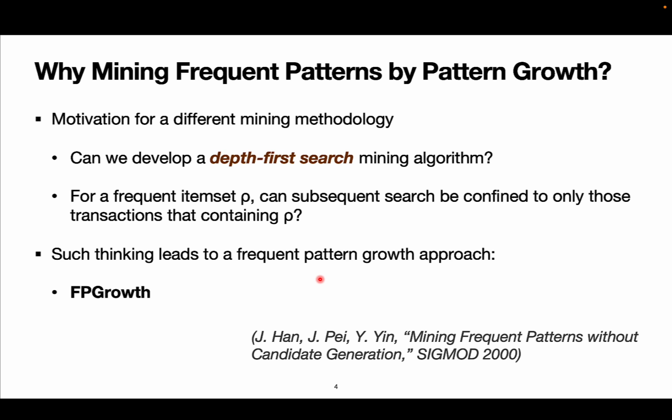So after spending a few years working on Apriori and improving Apriori, researchers started to think in the direction of depth-first search. In other words, instead of starting with a large pool of candidates then prune, it's possible to start with item sets that meet specific criteria and confine the search there. This effort led to the FP growth method.